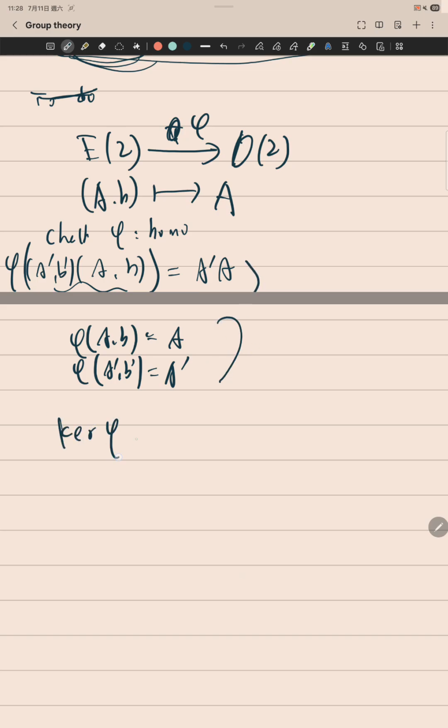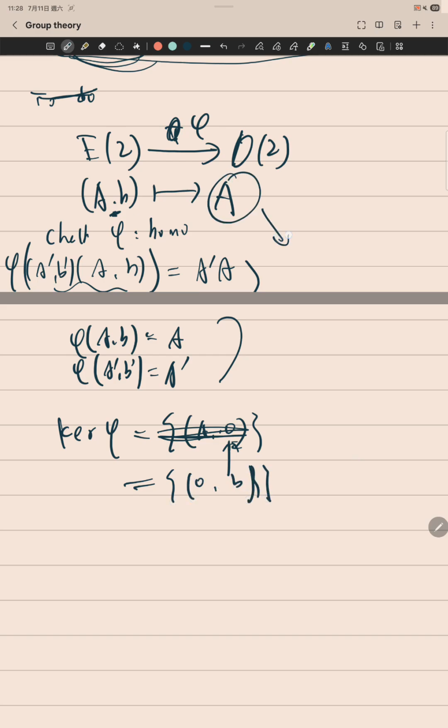So let's compute the kernel. The kernel is the set of (I, B), because the kernel consists of elements that map to the identity in the orthogonal group.